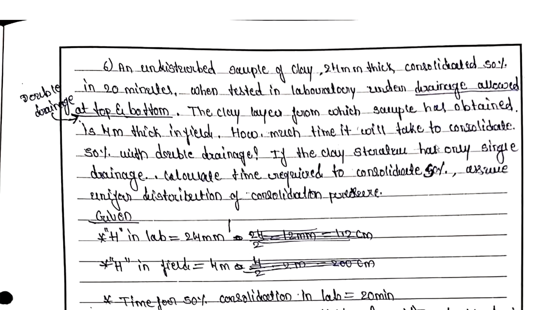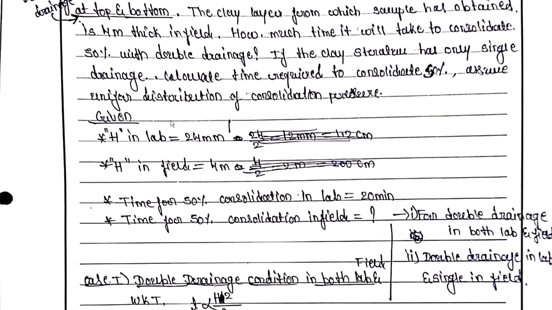How much time will it take to consolidate 50% with double drainage? If the clay stratum has only single drainage, calculate the time required to consolidate 50%. Assume uniform distribution of consolidation pressure.